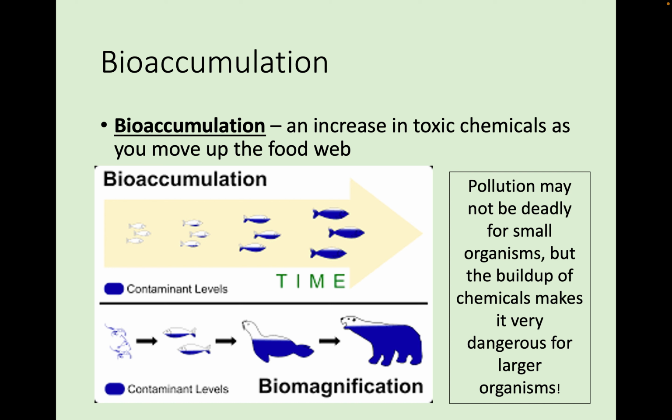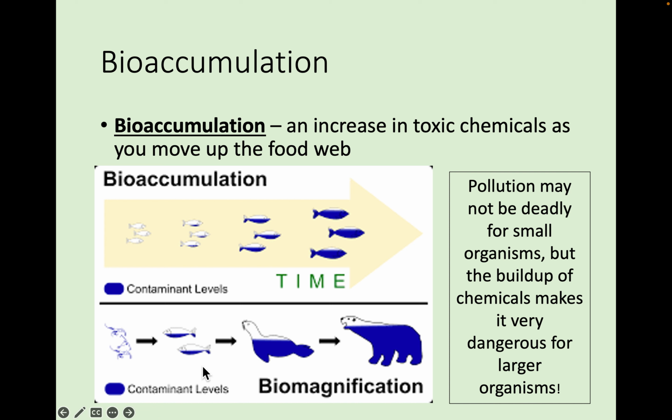That's called bioaccumulation. So for example, let's say we have some pollution in the water. Think of whatever pollution you would like. Very teeny tiny little guys just kind of get some in their bodies, only a little bit, but they're very small. Then the bigger fish are going to eat them, and then the bigger fish eat them, and so on and so on.